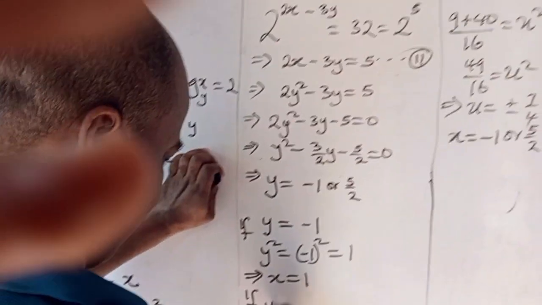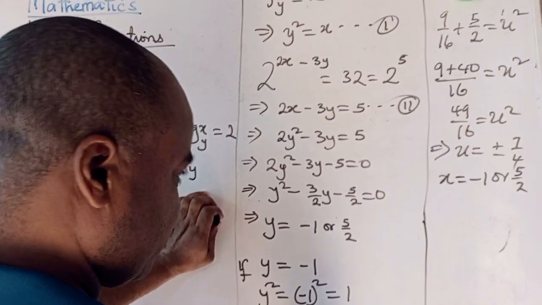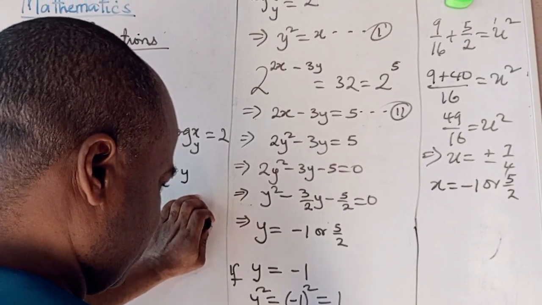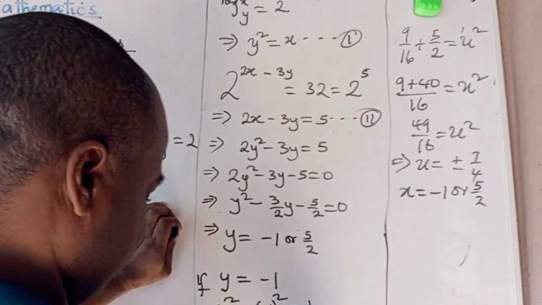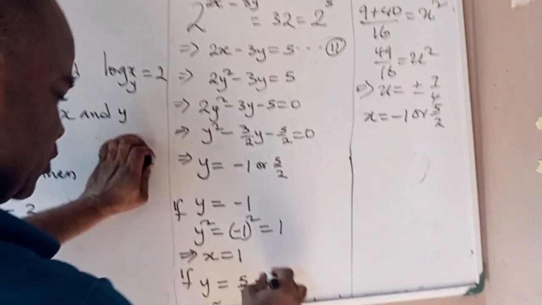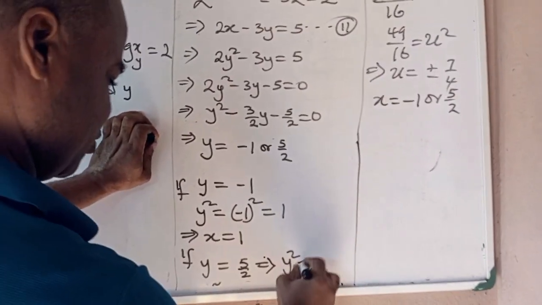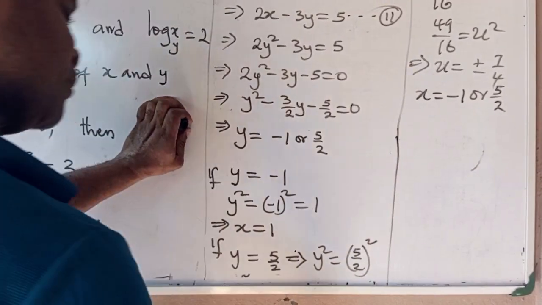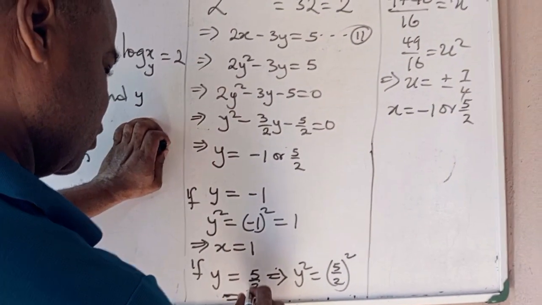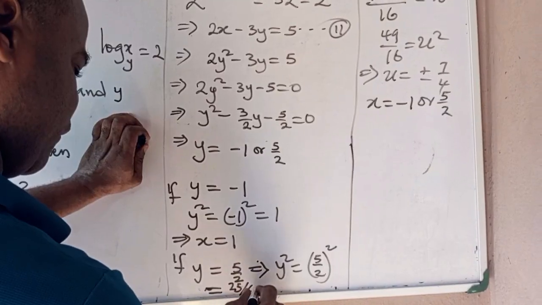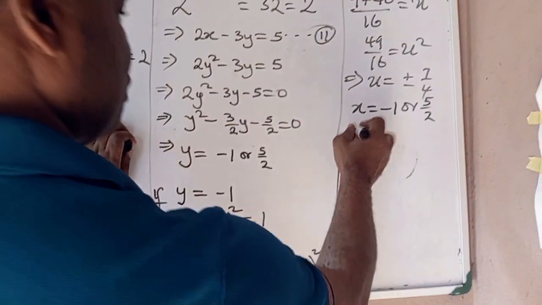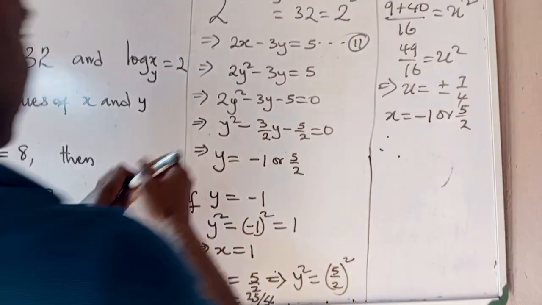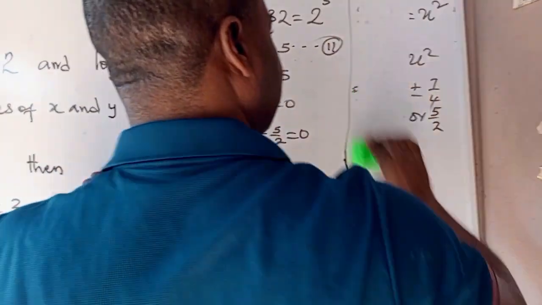But if y is equal to 5 over 2, it implies that y squared will be equal to 5 over 2 squared, and that will be equal to 25 over 4.